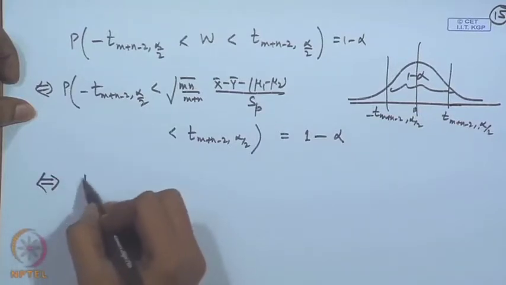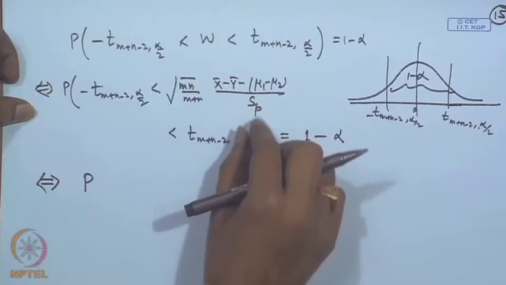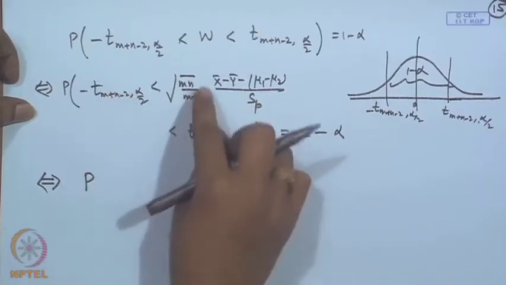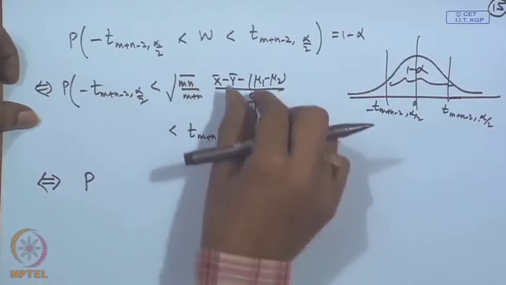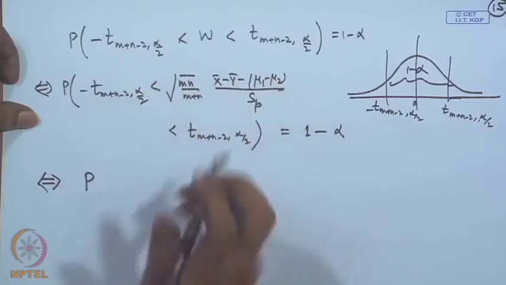After certain manipulation, I multiply by S_p and divide by this term, then I adjust x bar minus y bar on both the sides.